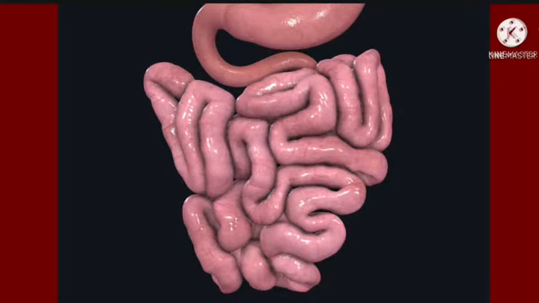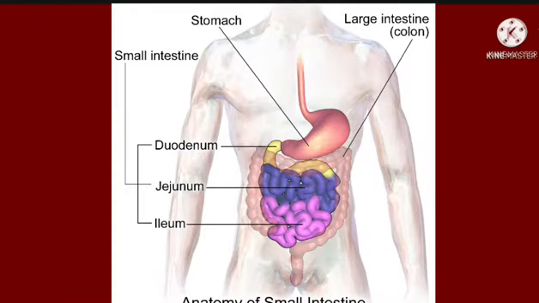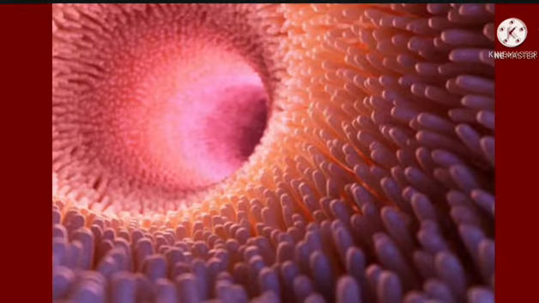The small intestine assists in the final digestion and absorption of food. It is the longest part of the alimentary canal and has three regions: a U-shaped duodenum, a long coiled middle portion called the jejunum, and a highly coiled portion called the ileum.